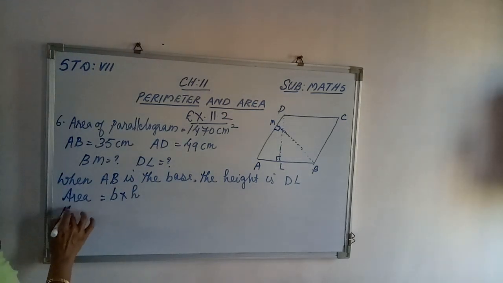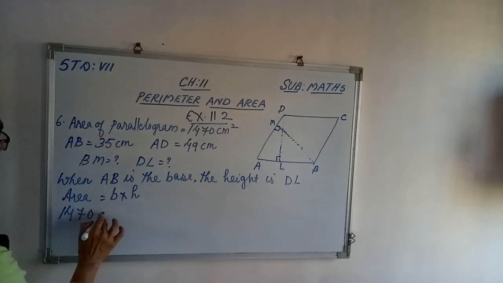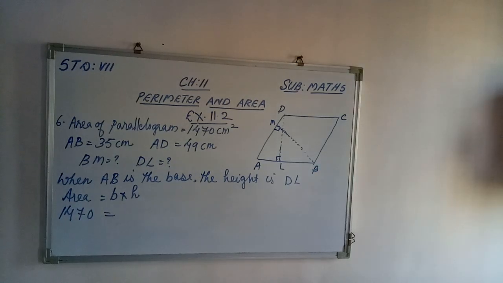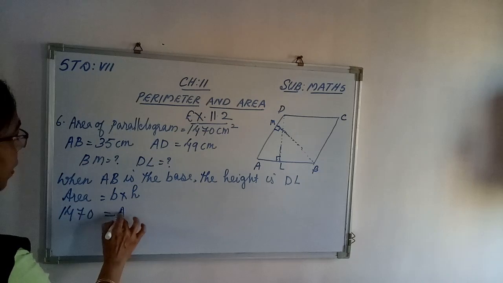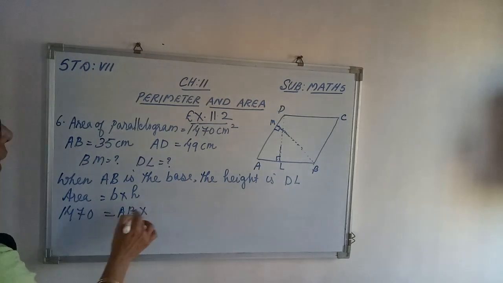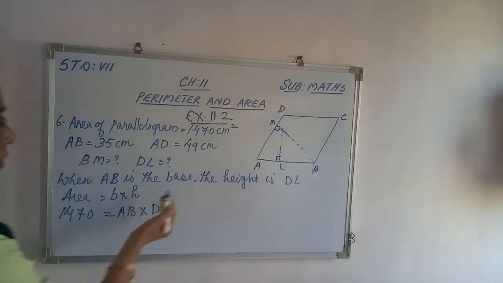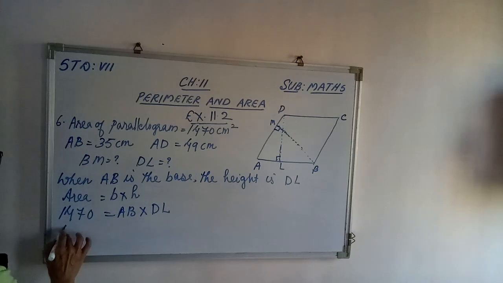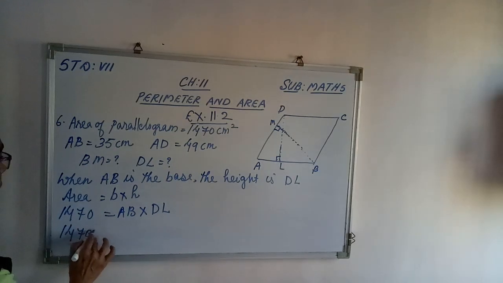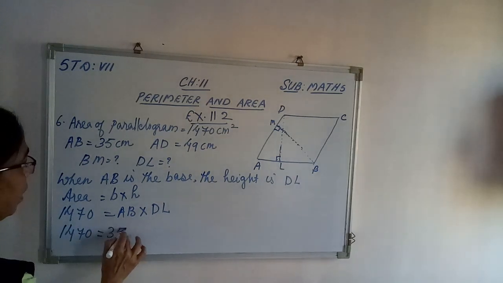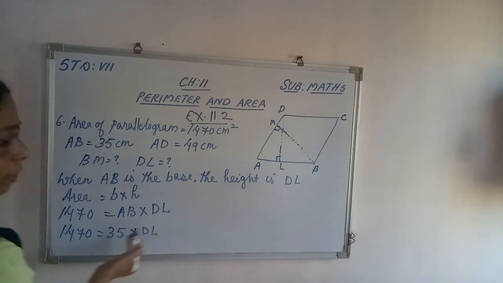That is 1470 is equal to AB multiplied by DL, isn't it? That is 1470 is equal to 35 multiplied by DL.